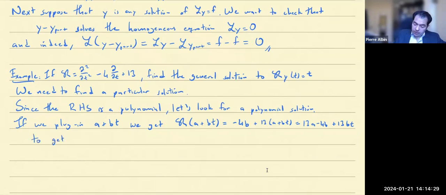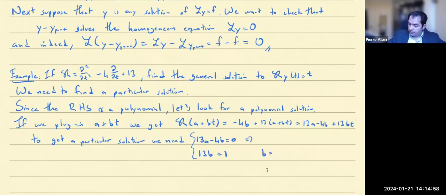To get a particular solution, we need, well, the constant term, 13a minus 4b, that should be equal to 0. And the coefficient of t, that should be equal to 1. Right, this system is simple because we can find b from this final equation and then plug that in over here to find a.